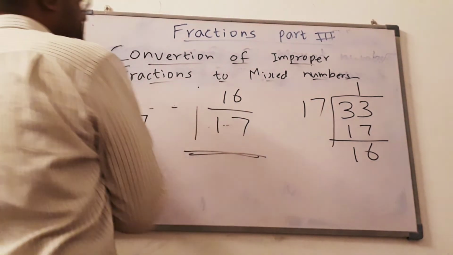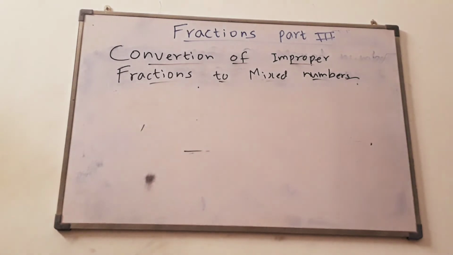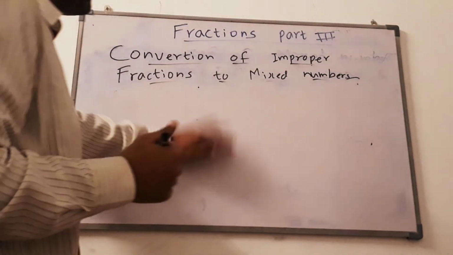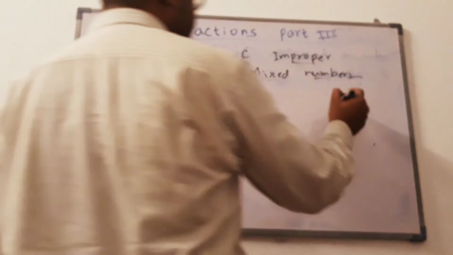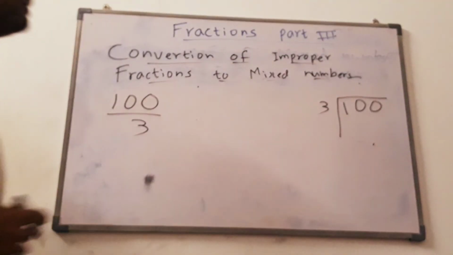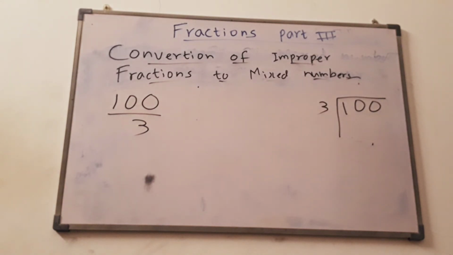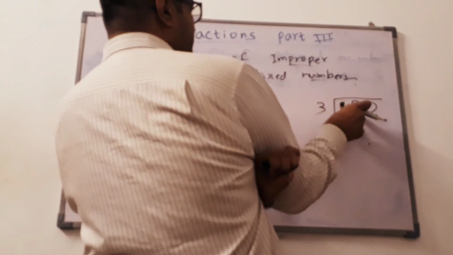Final sum for the day: 100 over 3. First we have to divide 100 by 3. Before going to 100 straight away, first we check how many 3s are there in 10.